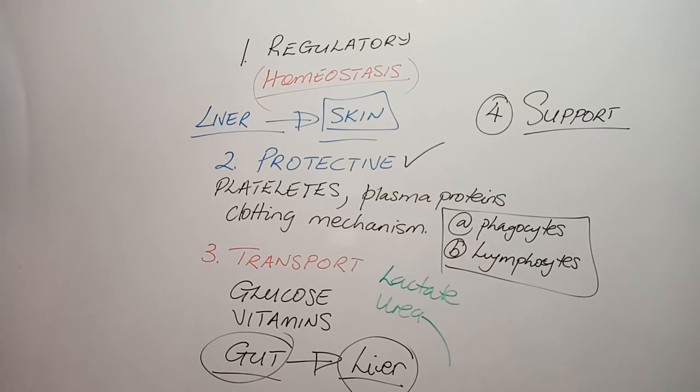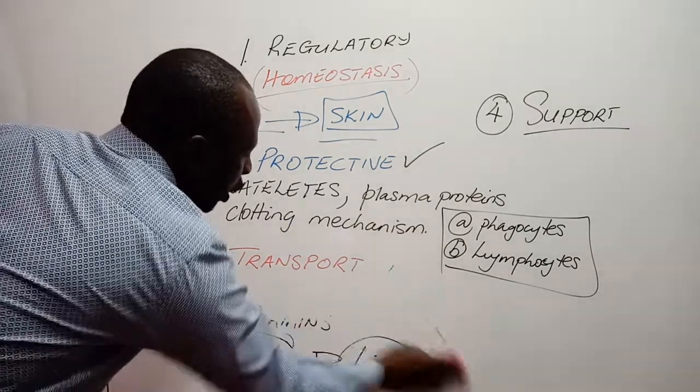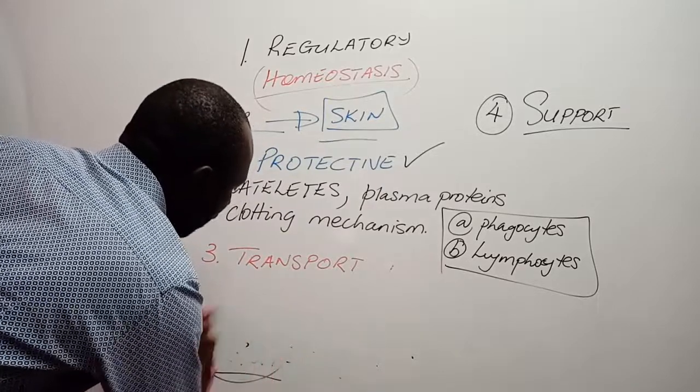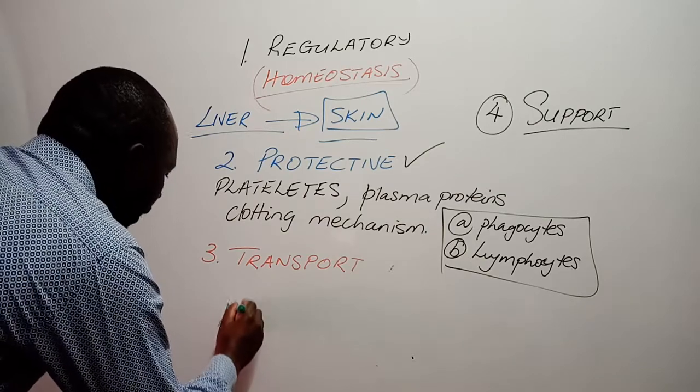Right. Blood also transports hormones. Still under transport, we also have got transportation of hormones like insulin. So we have got insulin as a hormone.